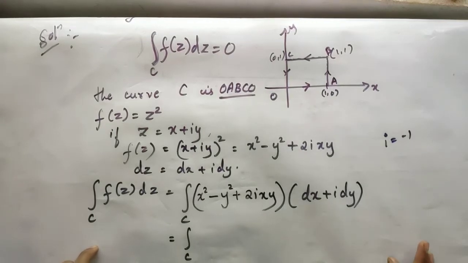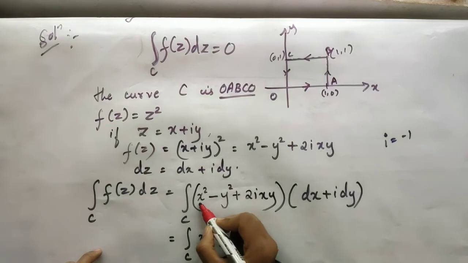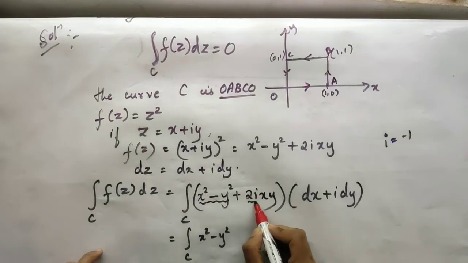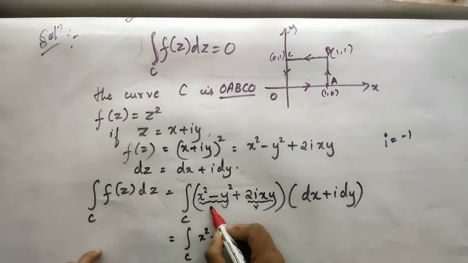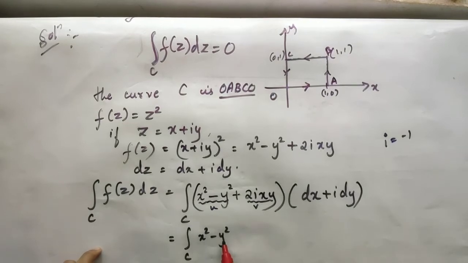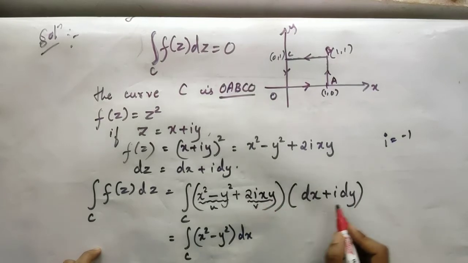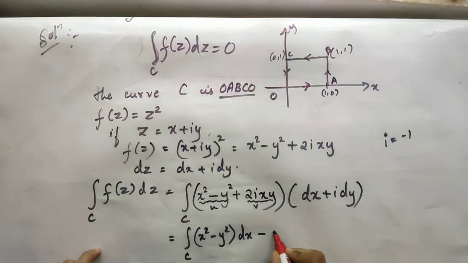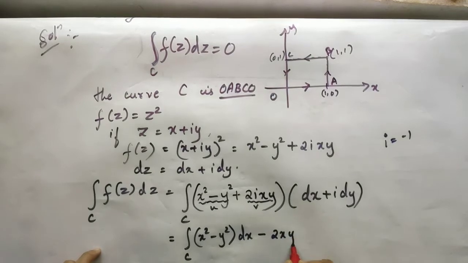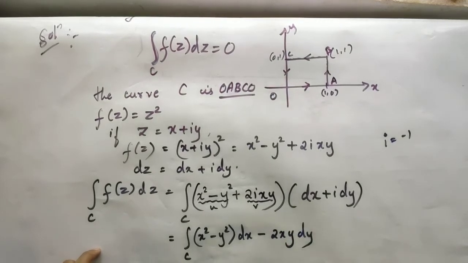That's the only thing. So you will get x square minus y square, this is the real part u, and this is the imaginary part v. The real part is this into dx, first real part, and if you multiply this imaginary part with this imaginary part, you will get minus 2xy dy. This is the real part.